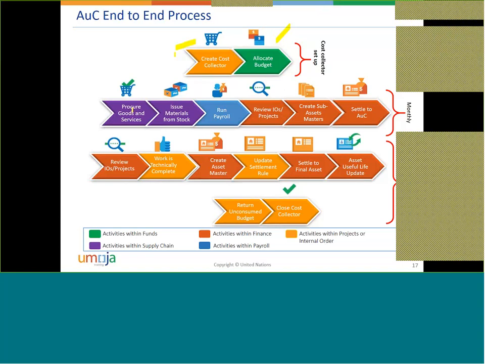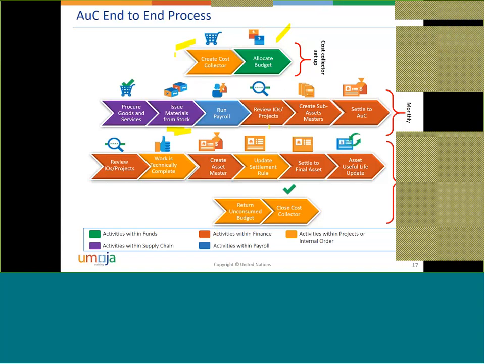The ones that are in, I don't know what color it is, purple, it's done by supply chain. It's a supply chain process, okay? So this one is done by procurement, or actually requisitioner when we are raising shopping carts, and issuing of materials is inventory management. Payroll, it's payroll, right? And then we have activities within finance that are going to be mainly FA16 and FA15.